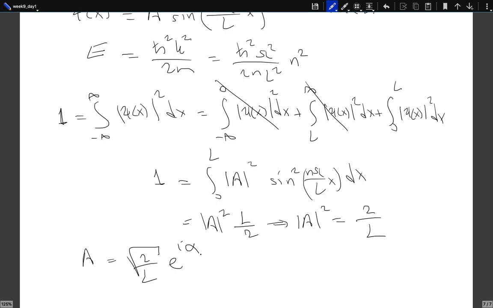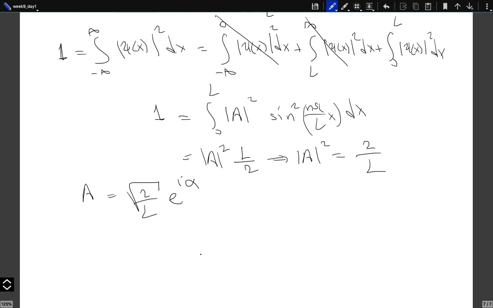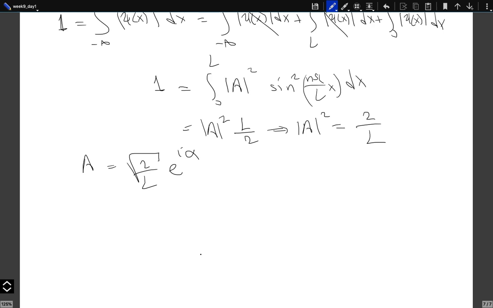A should have this value, still with an unknown alpha. But we will see that the value of alpha does not change our predictions. It will not change the results. So quite often we choose alpha to be 0.